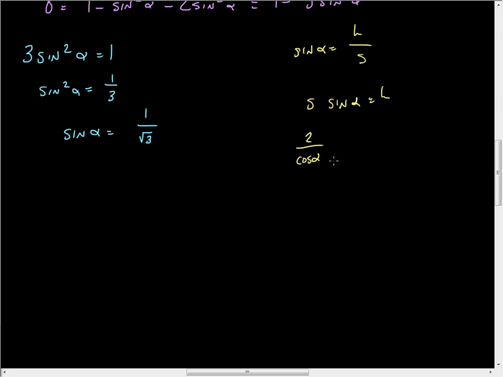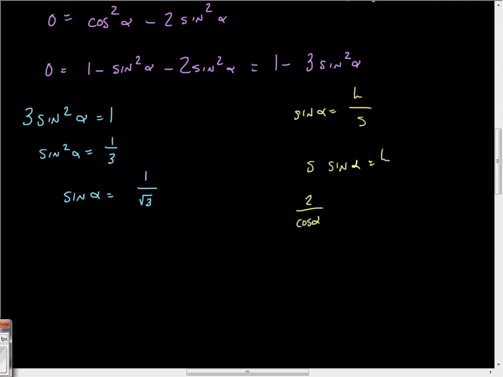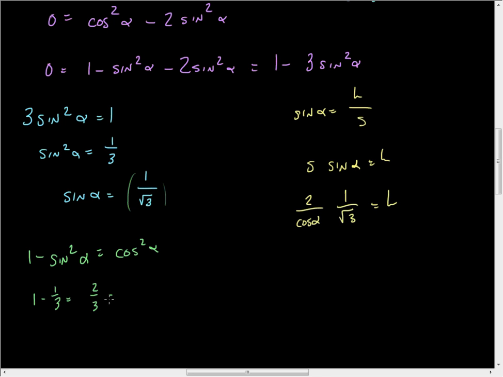So now that we've gotten to this point here, this is 1 over root 3 equals h. I need cosine. All right, so now I know that 1 minus sine squared alpha is equal to cosine squared alpha. And so if I take the square of this, that's going to be 1 over 3, and so that's going to give me 1 minus 1/3 is equal to 2/3, which is cosine squared alpha.